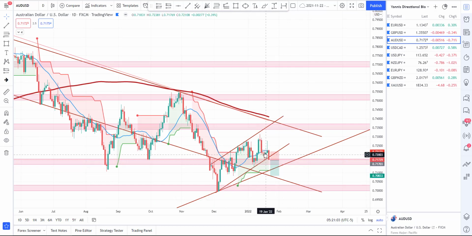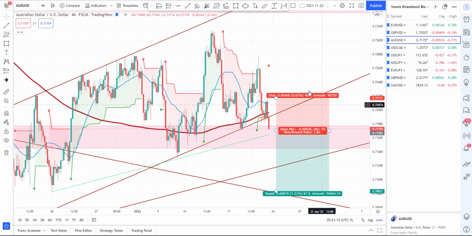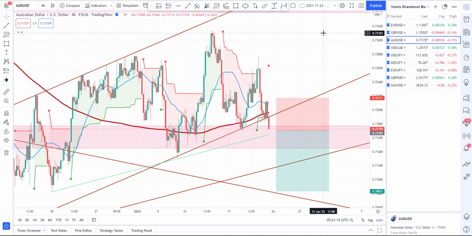But the truth is that the pair has started making higher lows and higher highs. So I'm not sure at that point if the scenarios for short trades, despite the fact that on the 4 hour the pair is extremely bearish, will be able to materialize themselves.